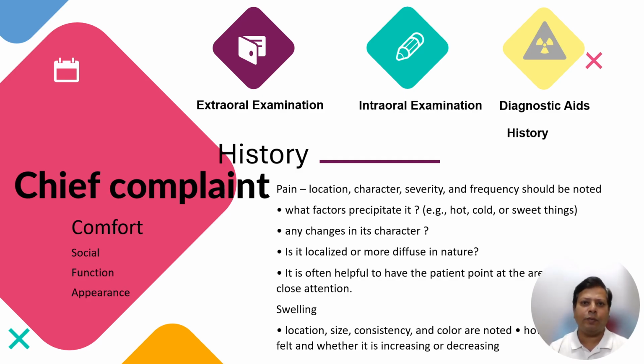Sometimes it will be helpful in diagnosis if the patient pinpoints to an area or a point where the pain starts. We also note down swelling, that is its location, size, consistency, and color, and whether any hot fomentation or anything else was given which resulted in increase or decrease in the swelling.